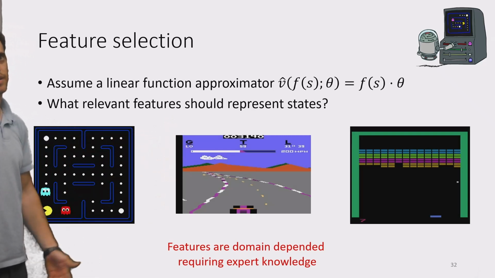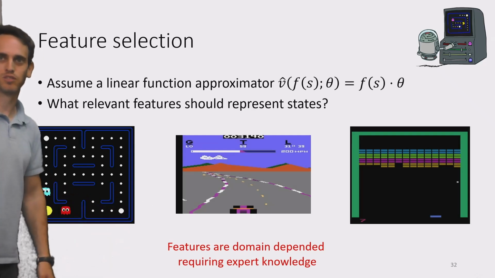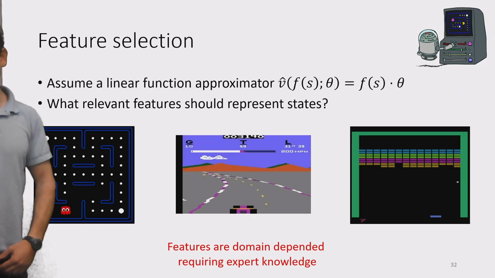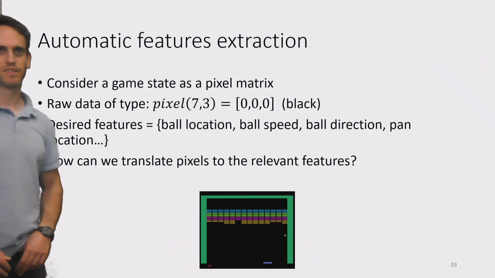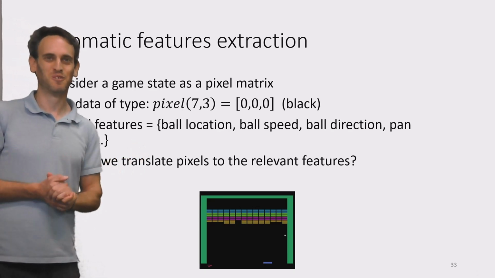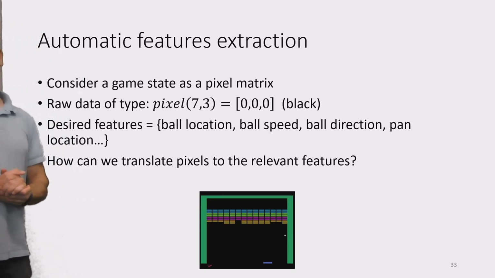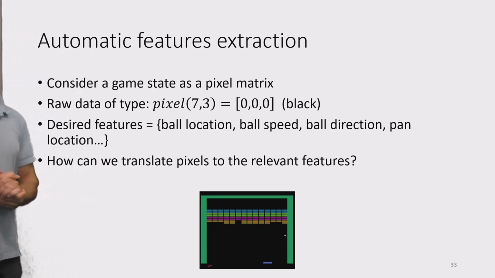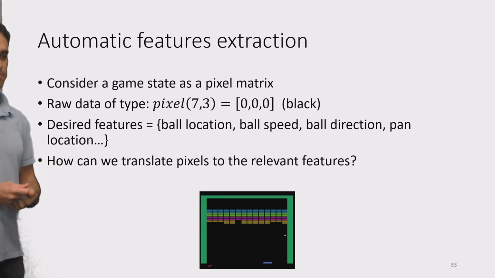But for a domain that we don't know anything about, it will be hard for us to provide reasonable features. And of course, it's not very AI to ask an expert for the correct features. We would like to move towards automatic feature extraction, or some general learning approaches that can provide us with the correct features.